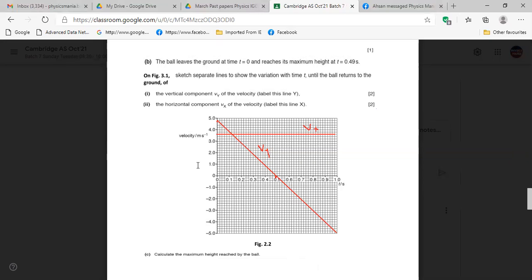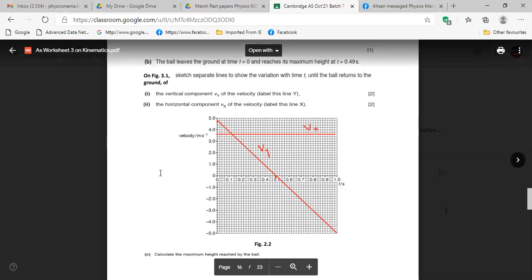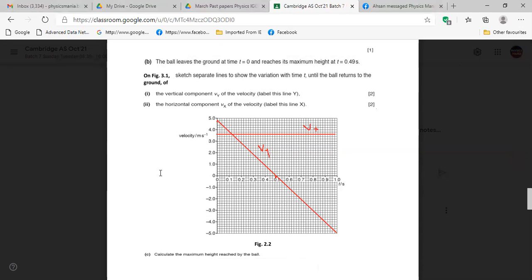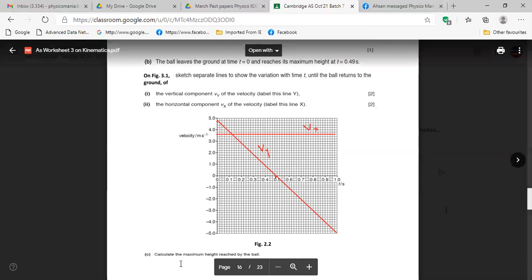Sir, I'm getting a lot, like I'm getting 0.8. I don't know why. Listen, Hasan, half multiplied by 4.8 multiplied by 0.49. Tell me what the answer is. You write it here, half into base into height, then write these values that I said.